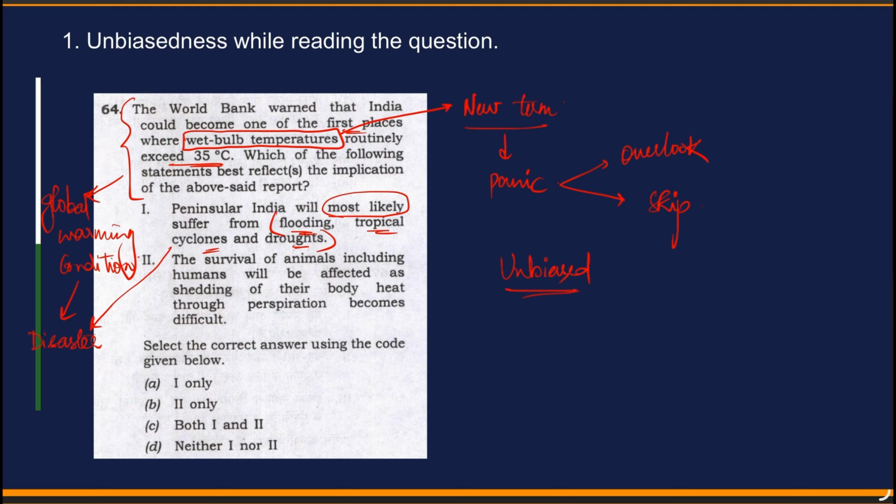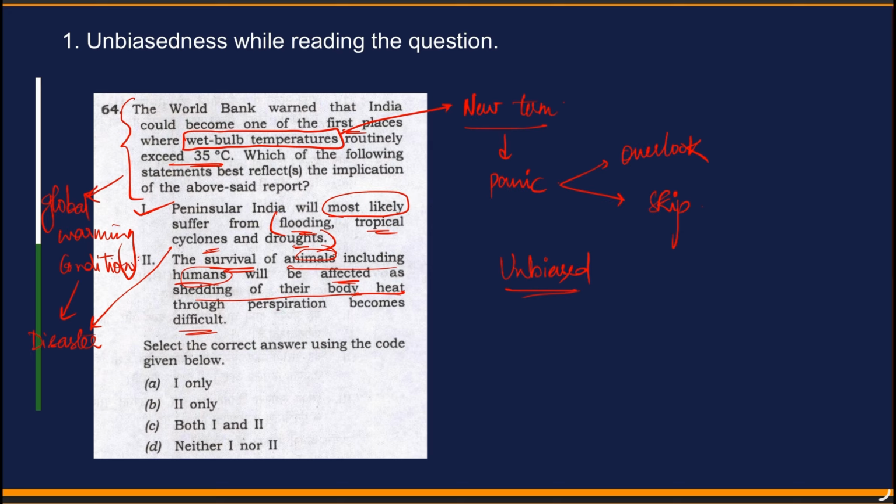Then the second statement is about the survival of animals, including humans. They're saying animals as well as humans will be affected as shedding of body heat through perspiration becomes difficult. Even this looks like quite a possible implication of the above statement.